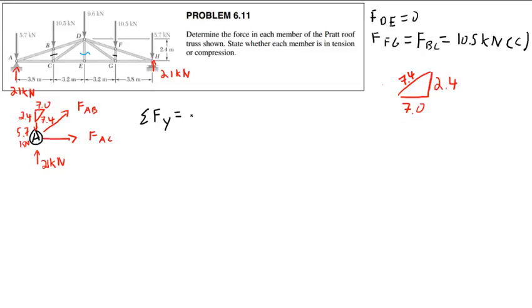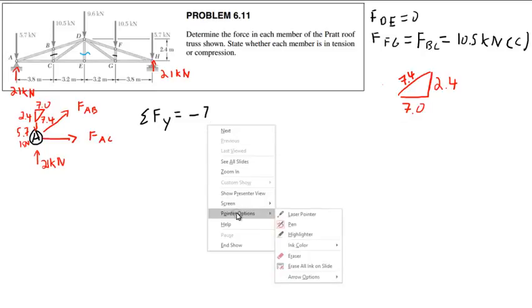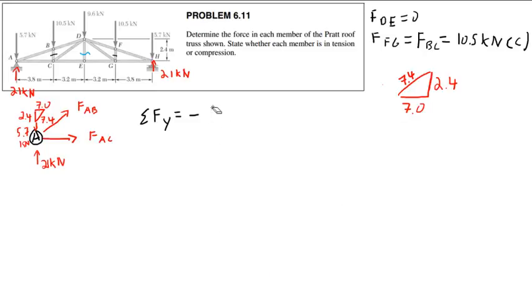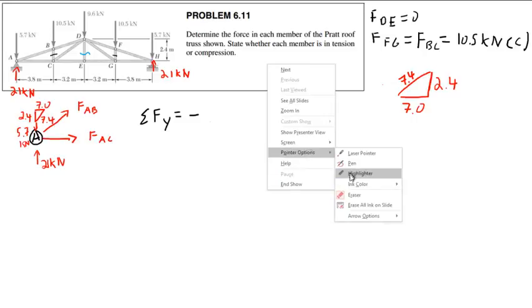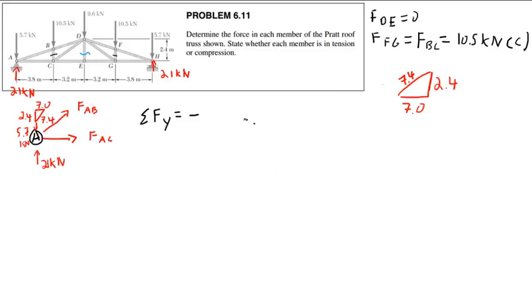So I'm going to have negative 5.7 kilonewtons. And let me use the same notation I did yesterday.